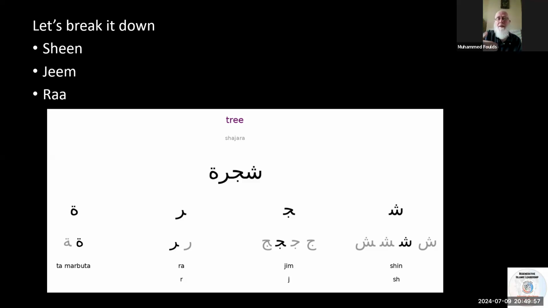As you continue to have this further relationship with the Quran and you see a letter Sheen, it should now connect you to something which is spreading, dispersing, or Jim, something connected to assembling and joining, or Ra, which is order. This word is beginning to open layers up, a signpost to explore.